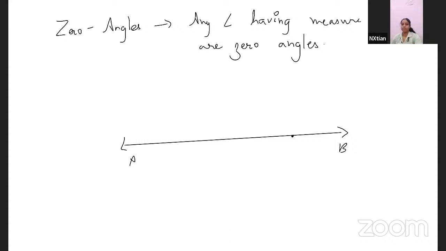Ma'am, isn't that a 180? No, this is 0 degree. Or you can just remove the point here so that it doesn't create any O point.